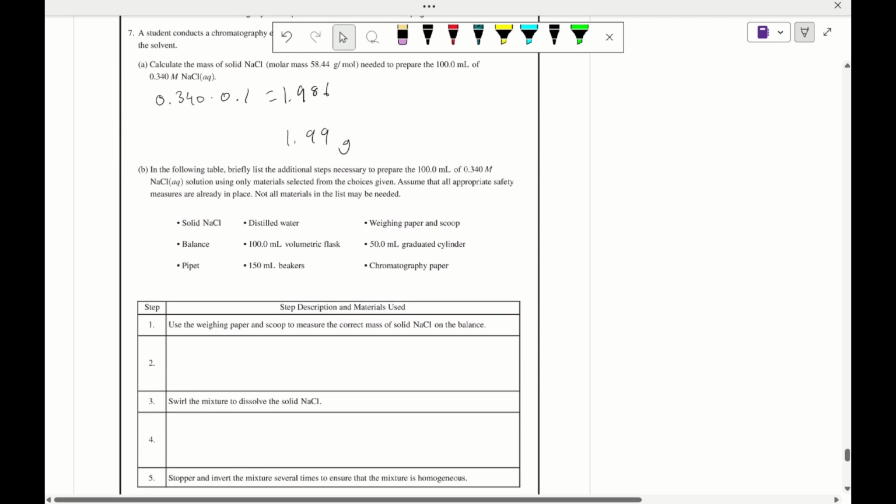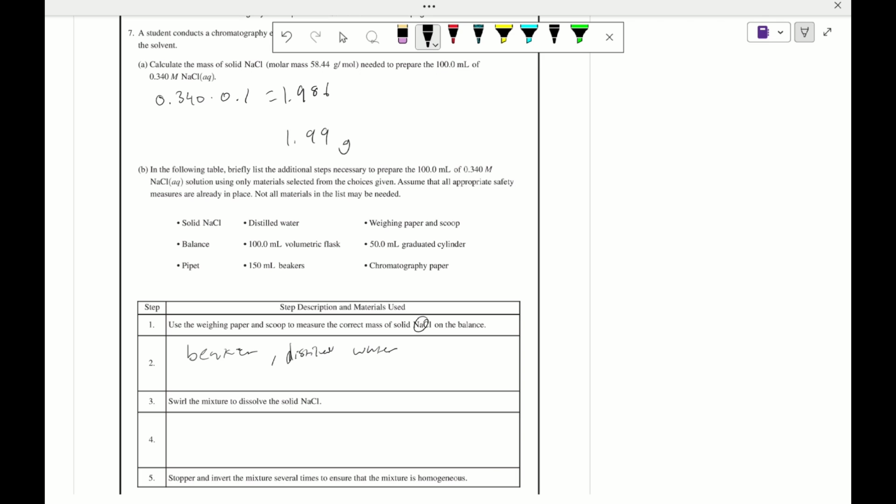This one was interesting, the procedure. Basically, in between scooping the NaCl and inverting the mixture to dissolve it, you'd have to take a beaker and then pour distilled water into it. And then you would put the NaCl into the beaker.